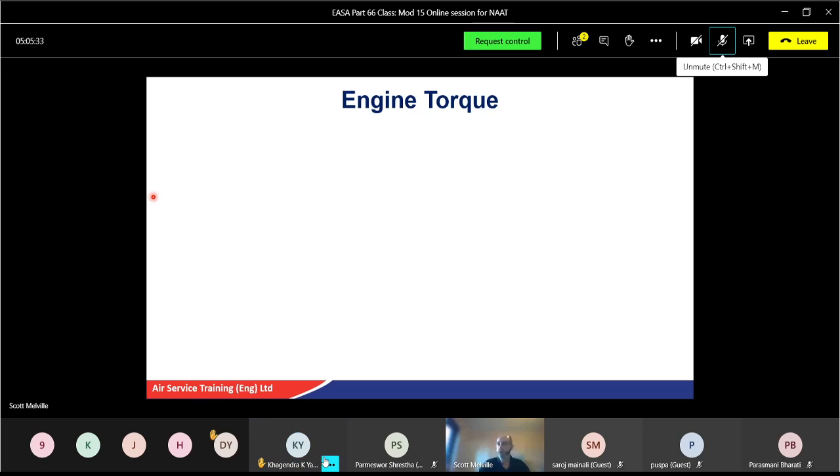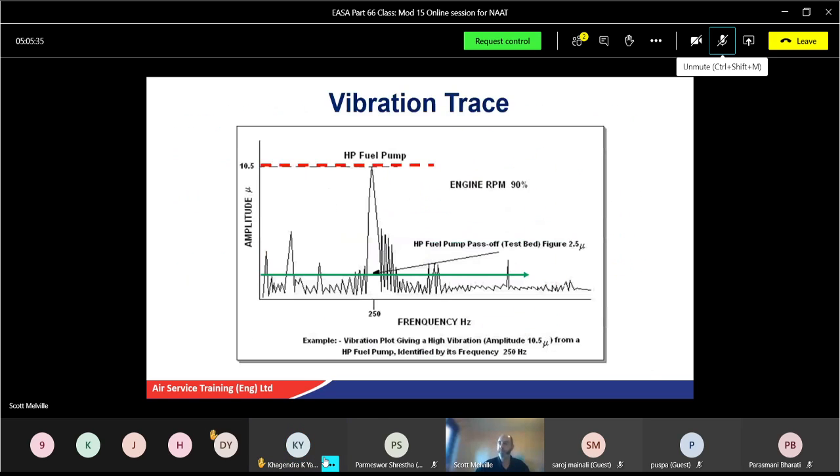If we go back to that diagram there, as I said before, you might get harmonics. Once you do a specialist vibration course, you'll learn about this. Where we've got 250 hertz here, let's call this position 500 hertz. Or in fact, no, let's call it 750 hertz.